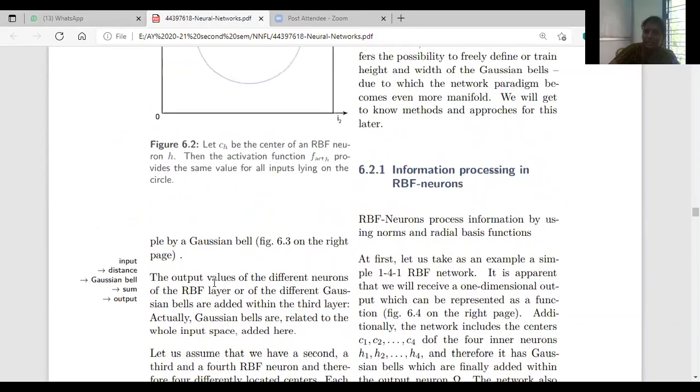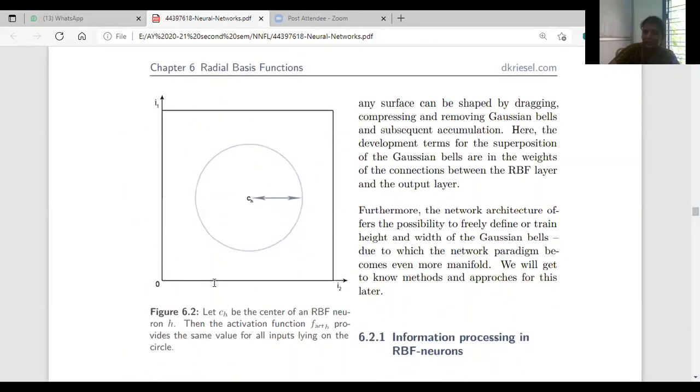So it is easy to understand that any surface can be shaped by dragging, compressing, and removing Gaussian bells and subsequent accumulation. So here the development terms for the superposition of Gaussian bells are in the weights connection between the RBF layer and your output layer.